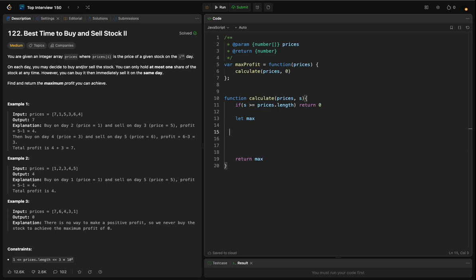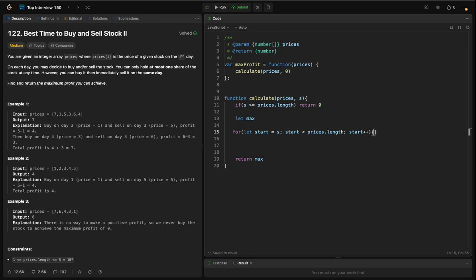And between these two things, I want to make a for loop, let start equal S, and let's say start is less than prices.length, and start plus plus.